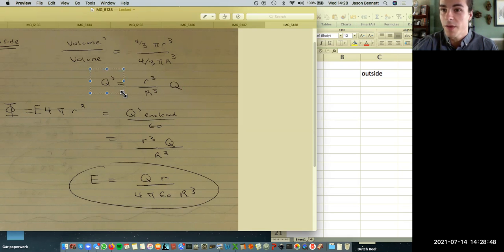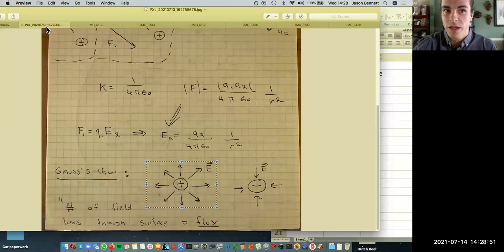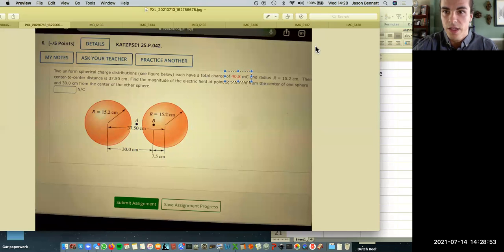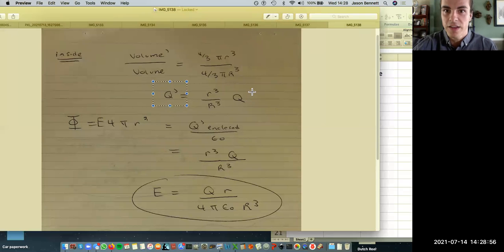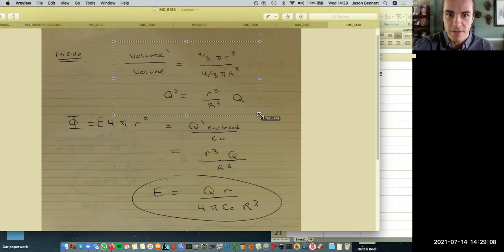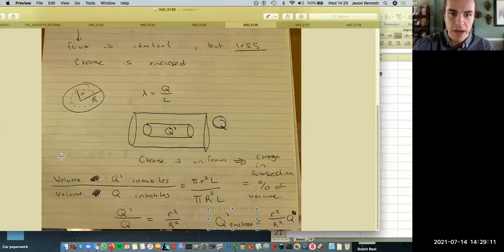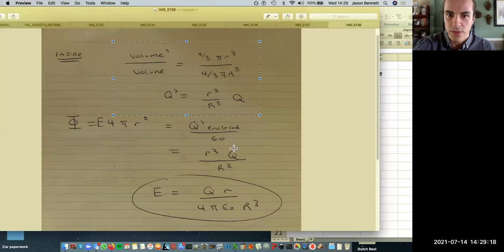I don't know what Q prime is, because Q is given to me right here. So what I'm doing in essence is figuring out what's in Q prime by the ratio of how much this sphere versus this sphere. That's what that argument was. It was equating the volume that the charge can go through with how much charge is there. So that's why we keep the big Q, the regular Q, because that's what we know.